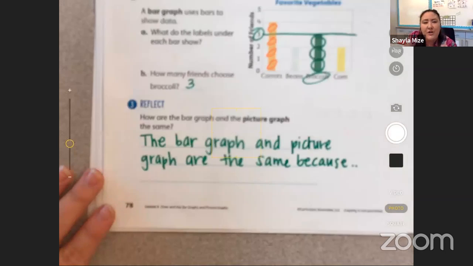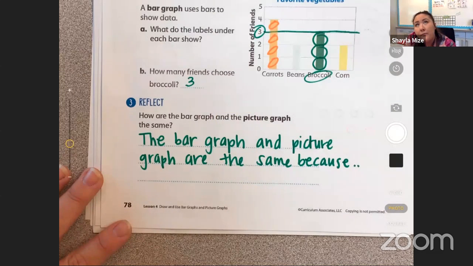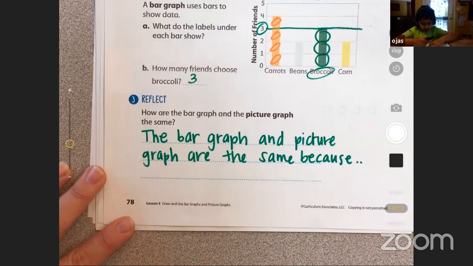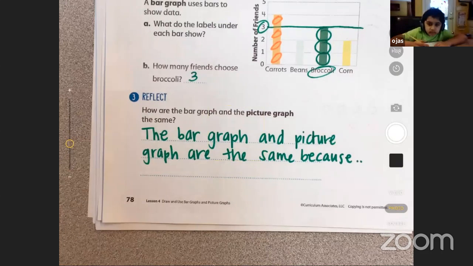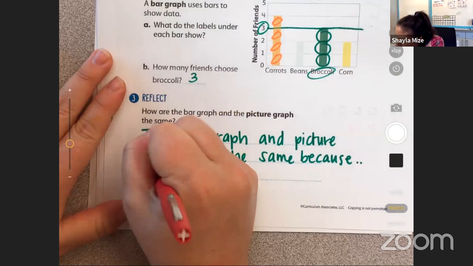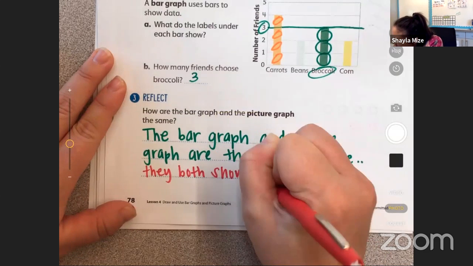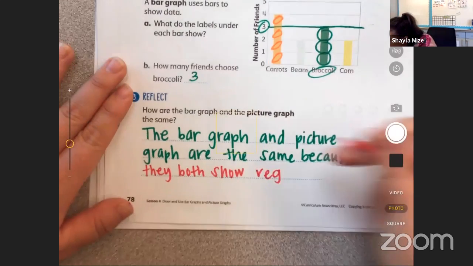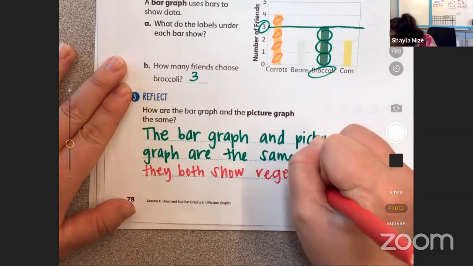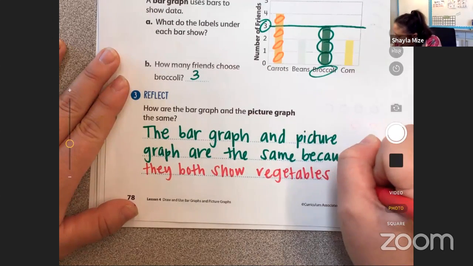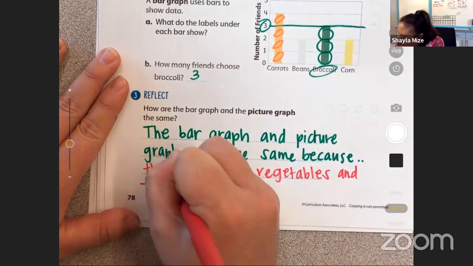So we could write bar graph and the picture graph are the same because they both show vegetables and the same number.